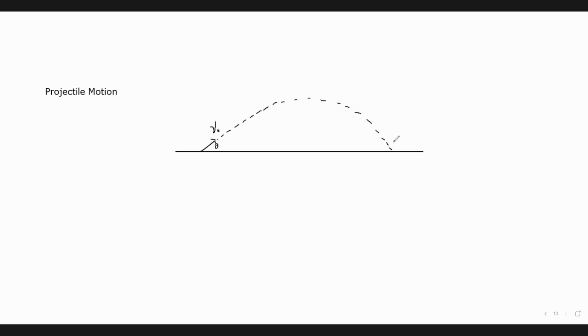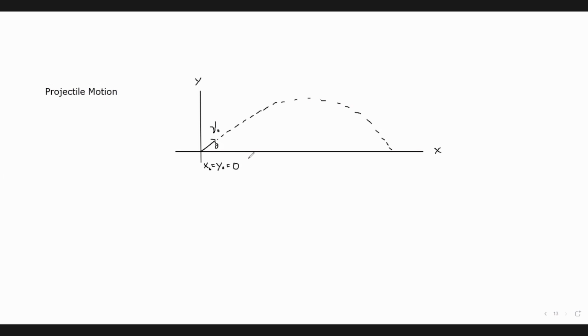So this motion will always occur in the plane, and I'm going to simply call this plane the XY plane, and I'm going to let x0 equal y0 equals 0.